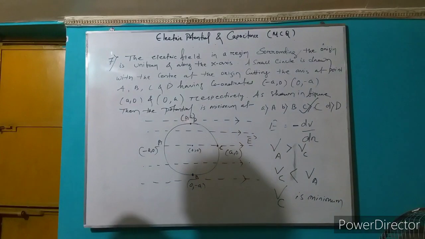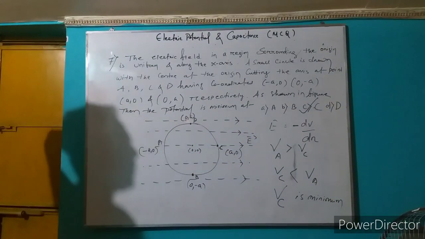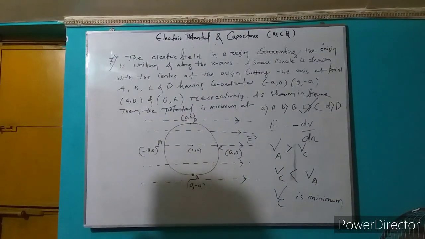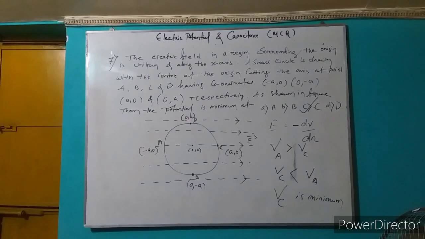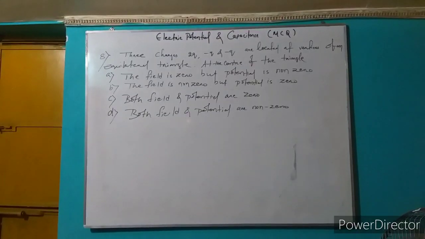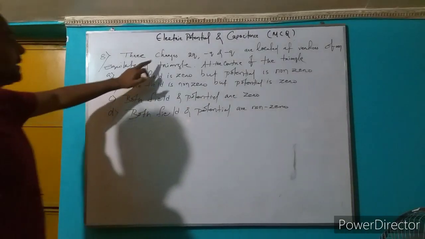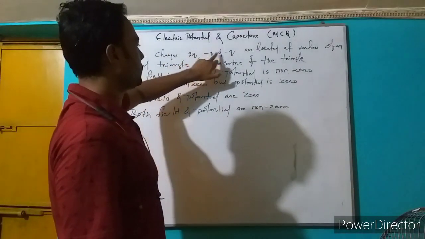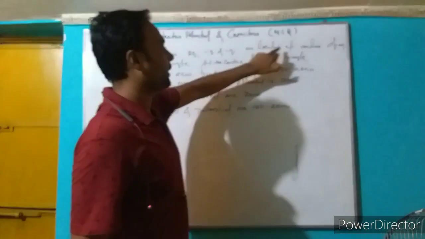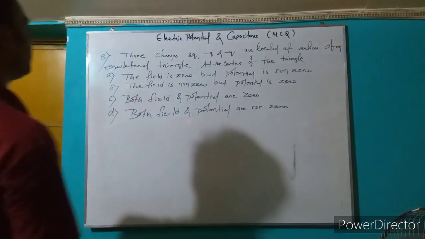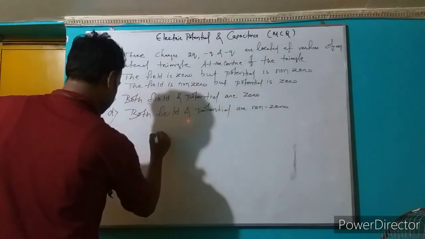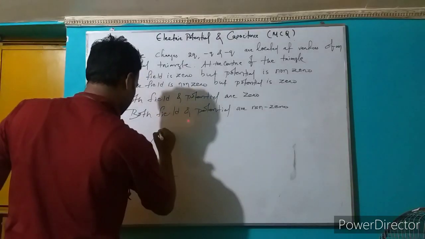Okay, so this is the 7th question. Now my next question is: three charges 2q, minus q and minus q are located at the vertices of an equilateral triangle. Equilateral triangle means sambahu tribhuj.